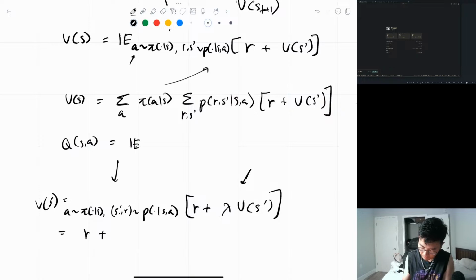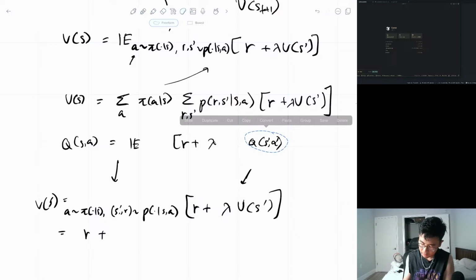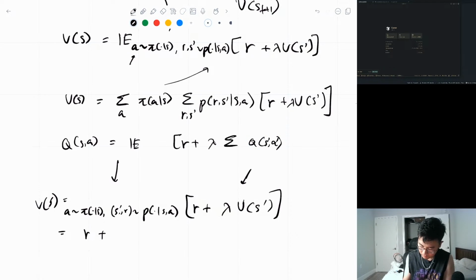If you're looking at our Q(s, a), the action value is very similar, but instead of r plus v(s prime), we now have the expected value of r plus, and I forgot a discount factor here, alpha Q(s prime, a prime), plus the sum of actions.